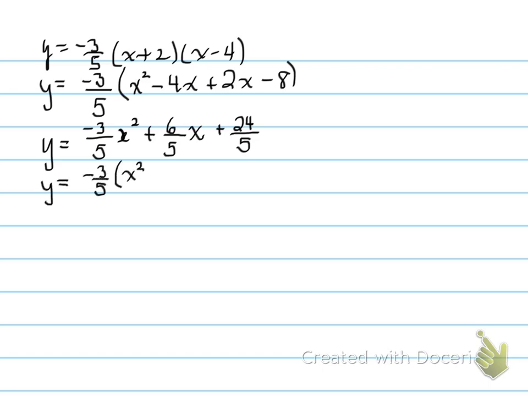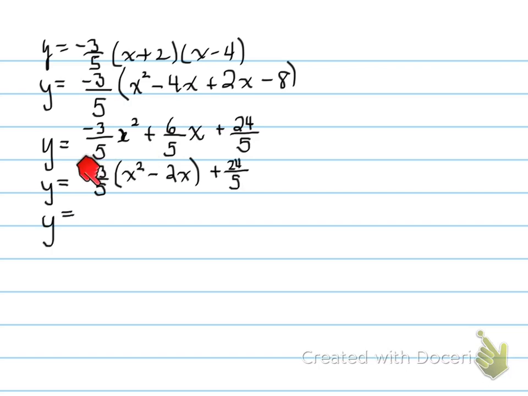When we complete the square, let's go over the process. When you complete the square, you take out the a value from anything where there's a variable. So we have -3/5 bracket x squared minus 2x plus 24/5 is on the outside.